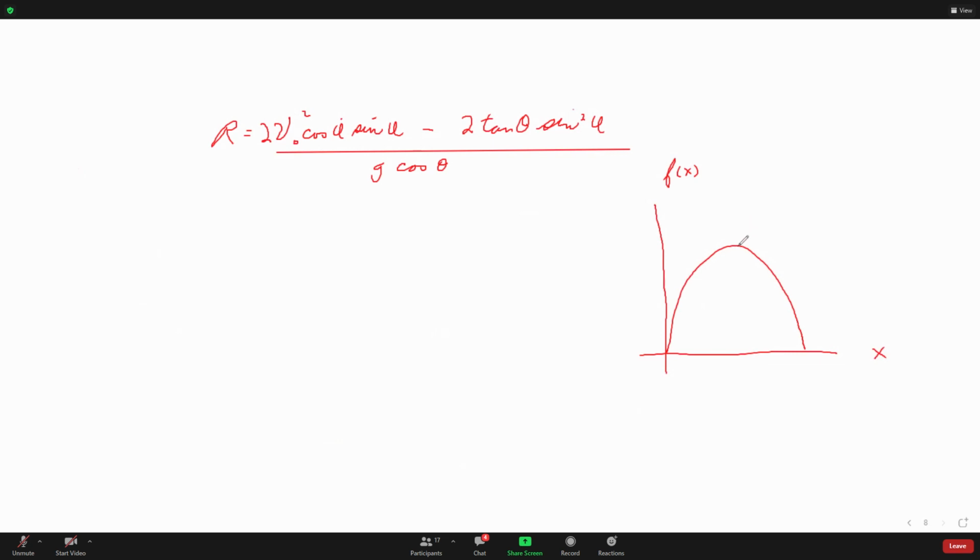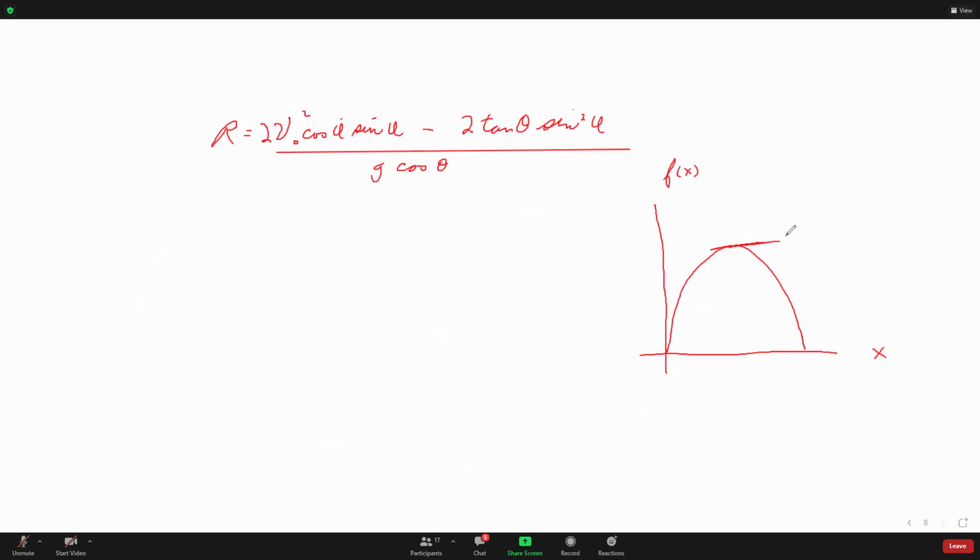Well, right here at the maximum, what is the value of the derivative? The slope. It's 0. Very good.